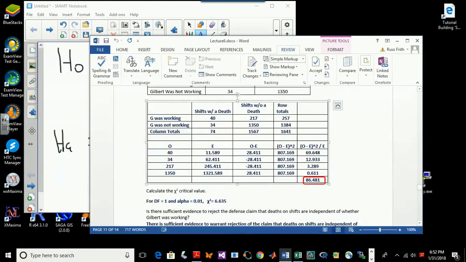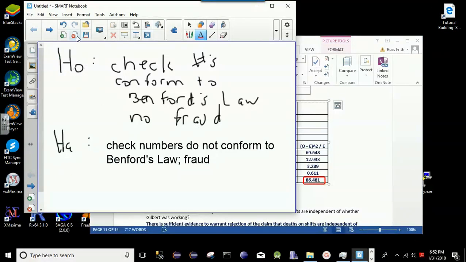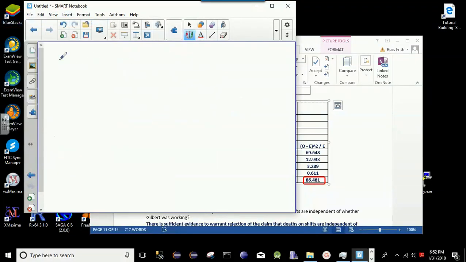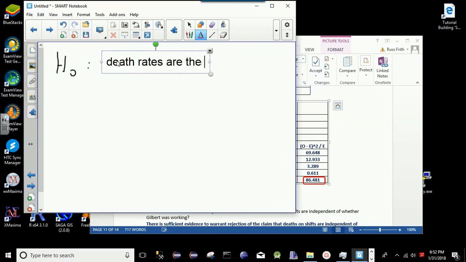Before I do that, why don't I write down the null and alternate hypotheses? Always start off with your null and alternate hypotheses. Okay, so the null hypothesis is death rates are the same, are independent, whether Kristen was working or not.